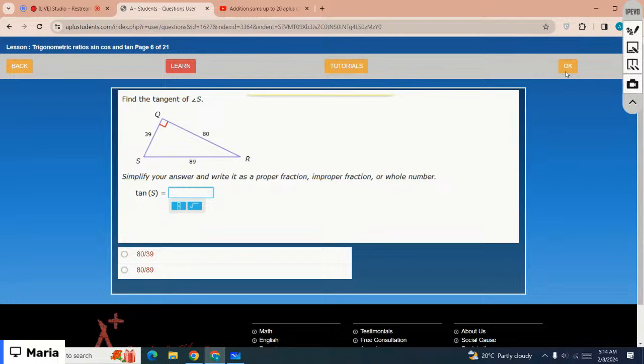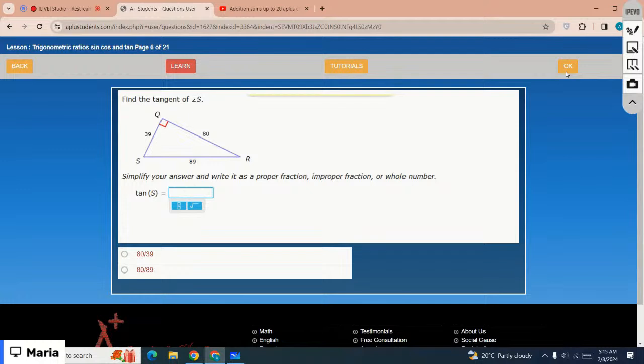Tangent of angle S is, that is 80 divided by 39.